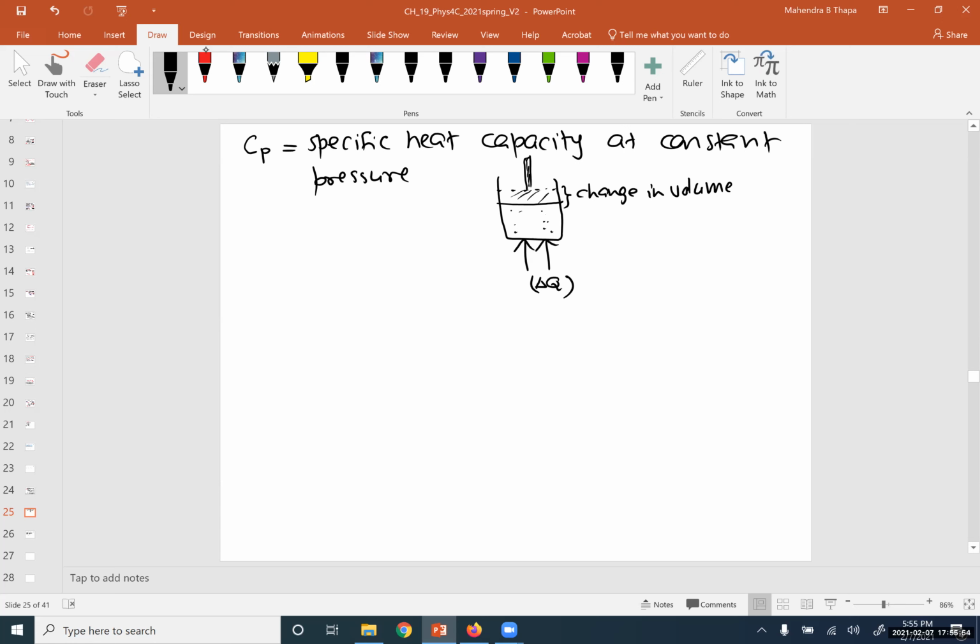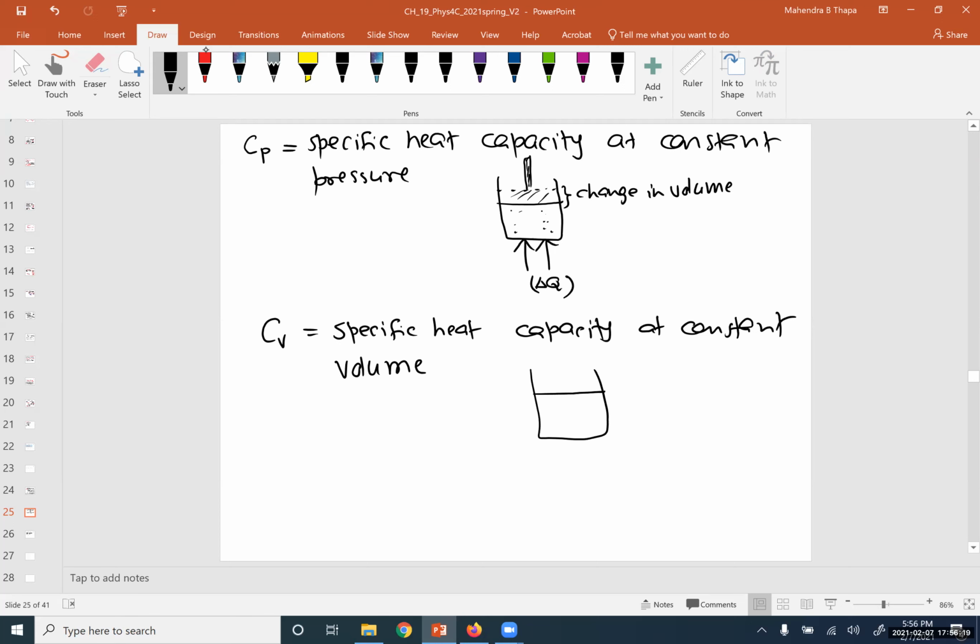Okay, the other scenario is where we keep the volume constant, so we call it the specific heat capacity at constant volume. Okay, so this means in this scenario the piston is fixed, the piston is not moving, just like here.